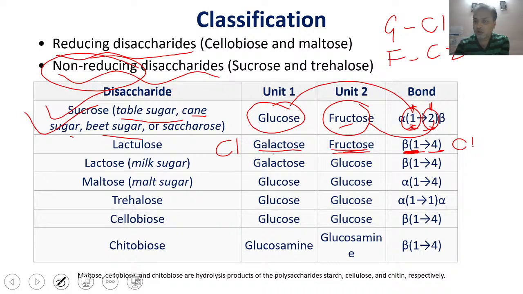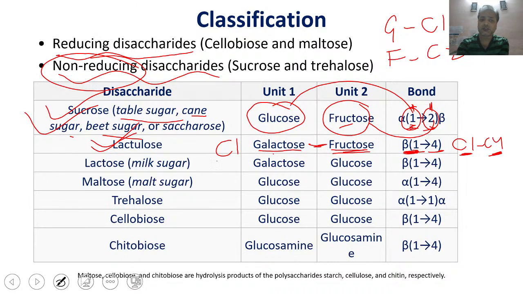So we use C1 and C4, but C4 is not the anomeric carbon. It means that after the bond formation in lactulose, the anomeric carbon of fructose is freely available. The bond formation occurs between the anomeric carbon of galactose and a non-anomeric carbon of fructose. So the anomeric carbon of fructose is free. It means this compound, lactulose, is a reducing sugar.